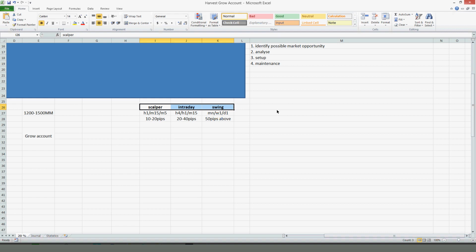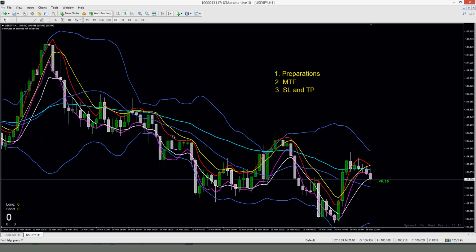So when you know you're a scalper, you need to understand that you're trading on the smallest time frames, H1, M15, and M5, and how the market moves on these smaller time frames. You need to know how big the market is moving, and that will dictate how much you're trying to earn at this particular trade. As I put over here, if I'm scalping, then I should be looking at about 10 pips to 20 pips.